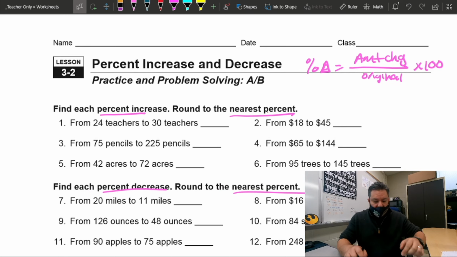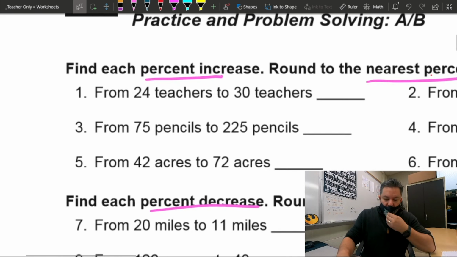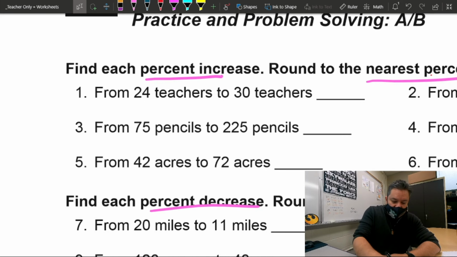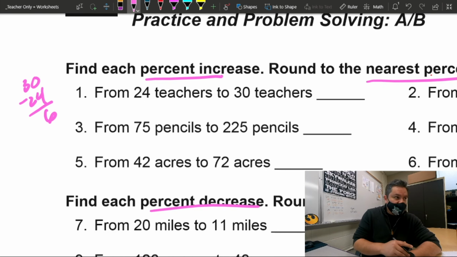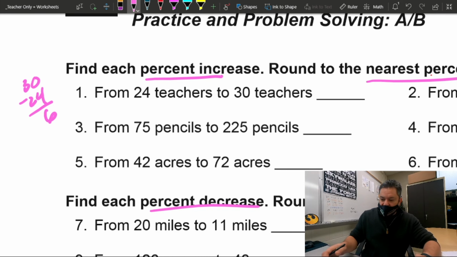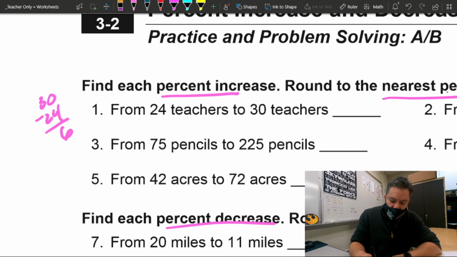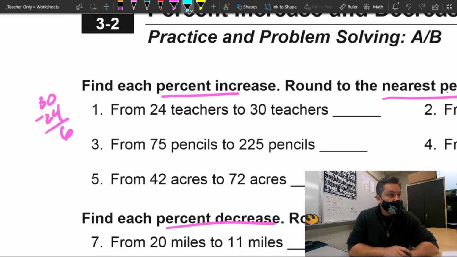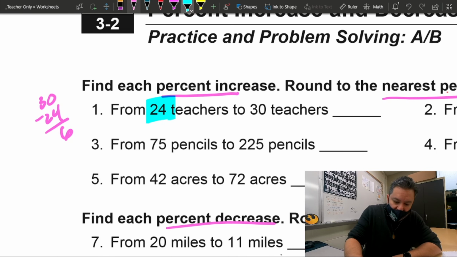So number 1, we're going to find the difference first. So 30 minus 24 gives you 6. And you're going to divide this by the original amount. 6, which one's the original amount? 24. See, everybody makes mistakes. So 6 divided by 24.